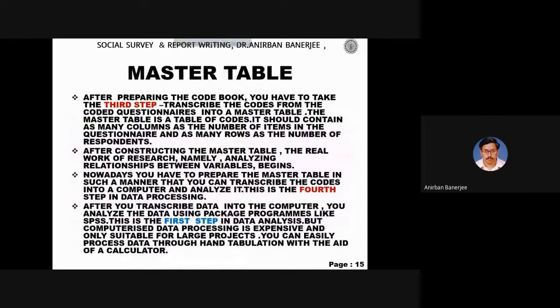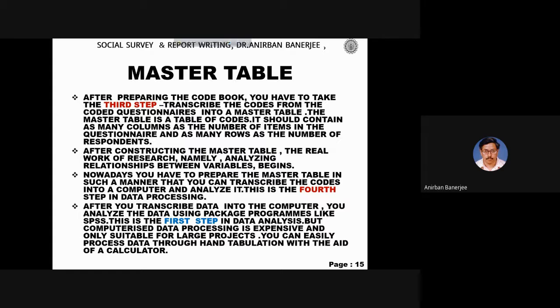After preparing the codebook, you have to take the third step. Transcribe the codes from the coded questionnaires into a master table. The master table is the table of codes. It should contain as many columns as the number of items in the questionnaire and as many rows as the number of respondents.